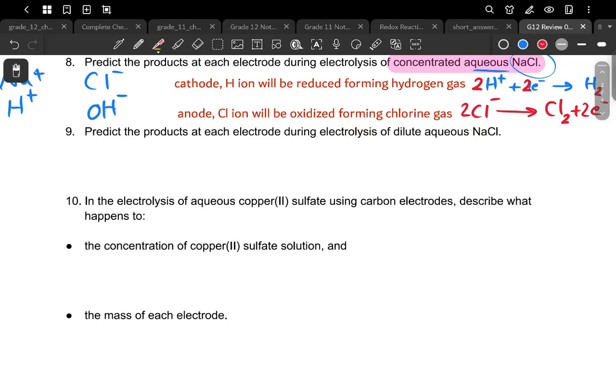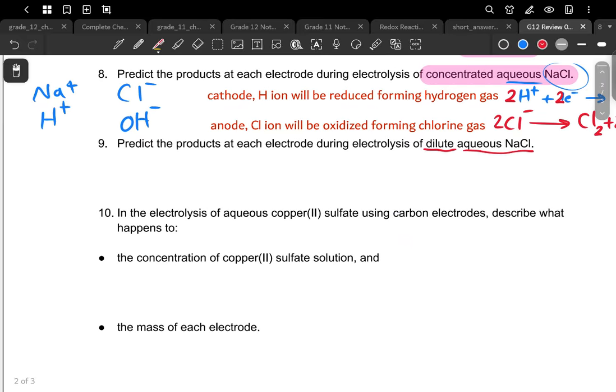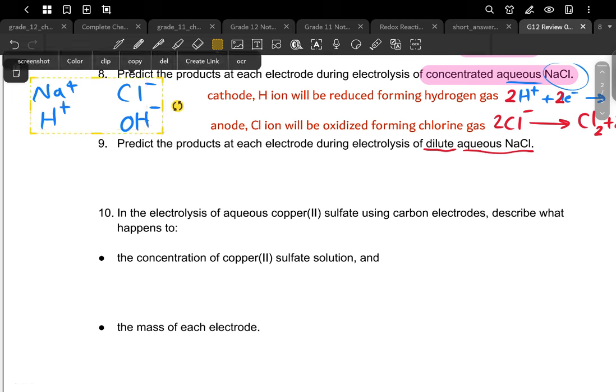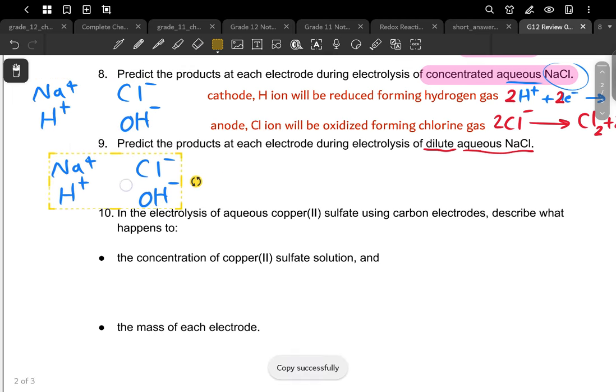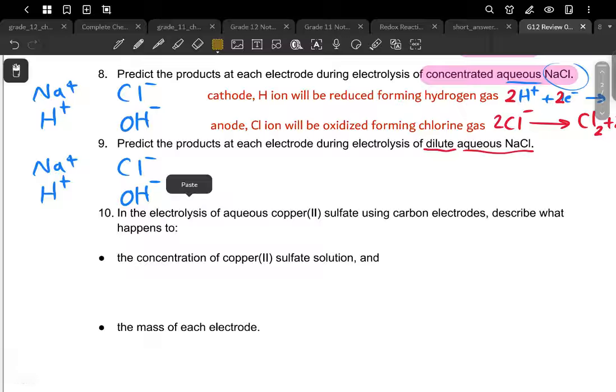Question 9: predict the products at each electrode during electrolysis of dilute aqueous sodium chloride. Dilute means not concentrated, so take a note of this. In this case, we have the same ions as the previous question, but now it's dilute, meaning it is not concentrated.